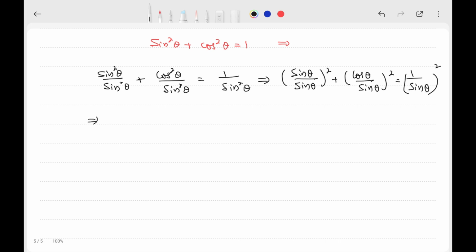That implies 1 square plus cot square theta, cos theta by sin theta is cot theta, is equal to cosecant square theta, 1 by sin theta is cosecant. That implies cot square theta minus cosecant square theta is equal to 1.